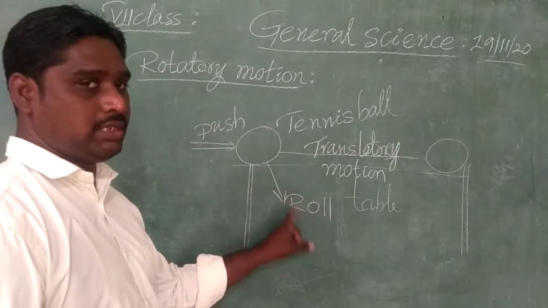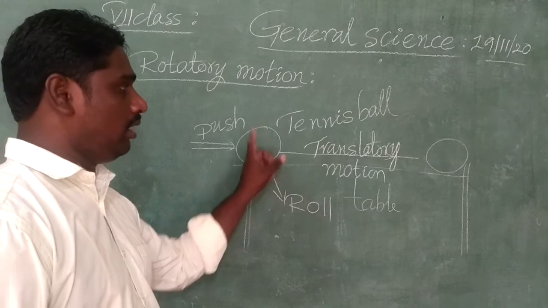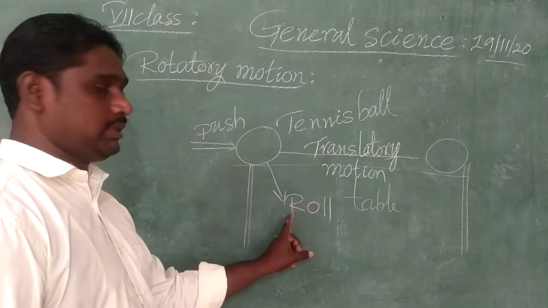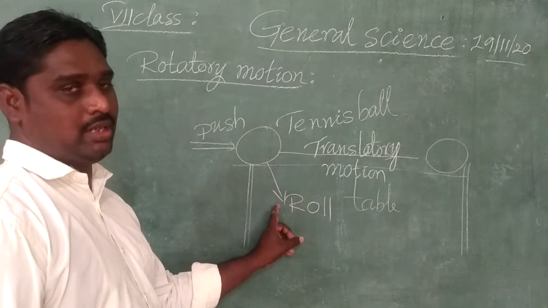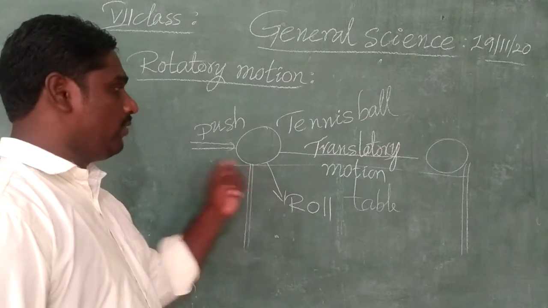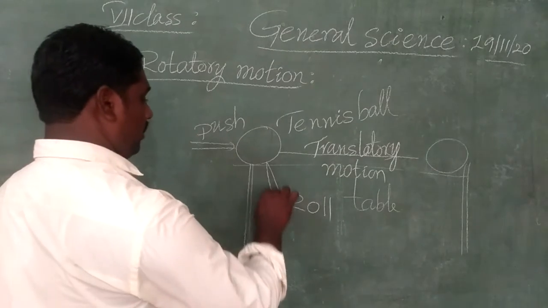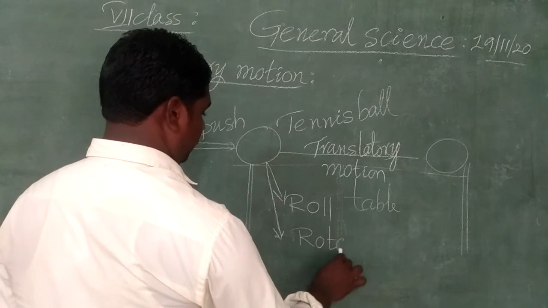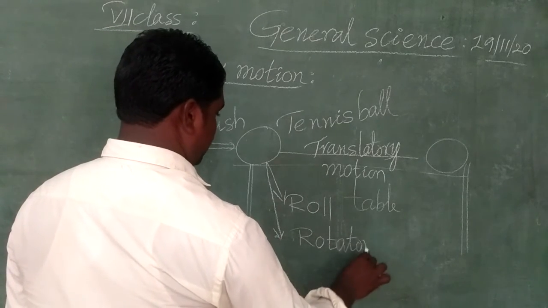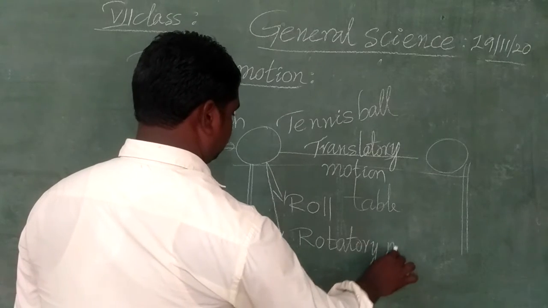We observe that each particle on the tennis ball makes a circular motion about a fixed point. That's why we say that this tennis ball is in rotatory motion.